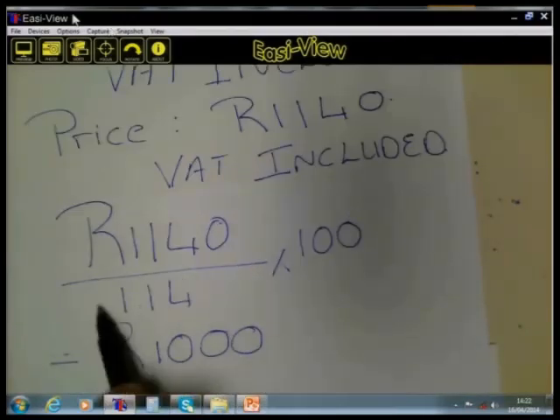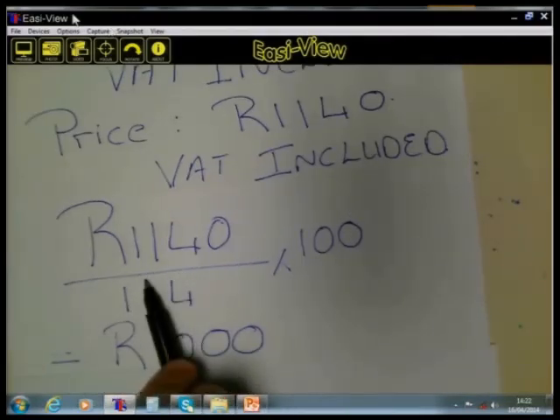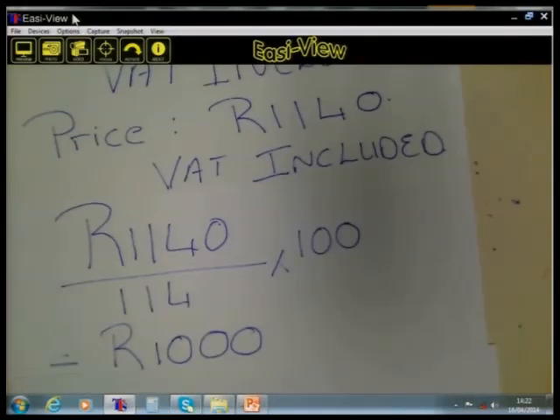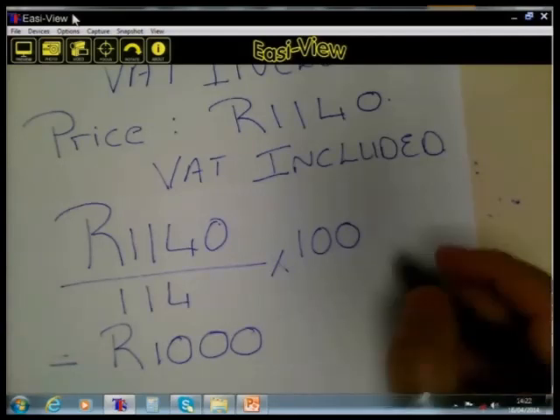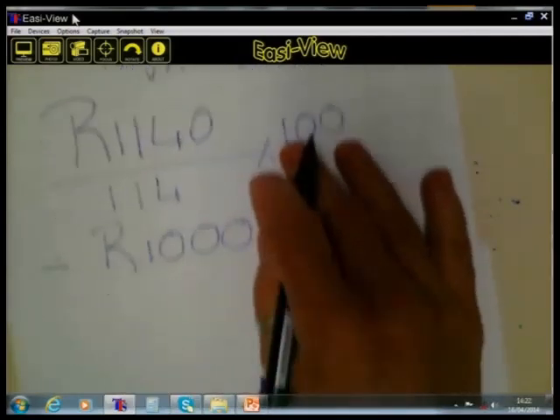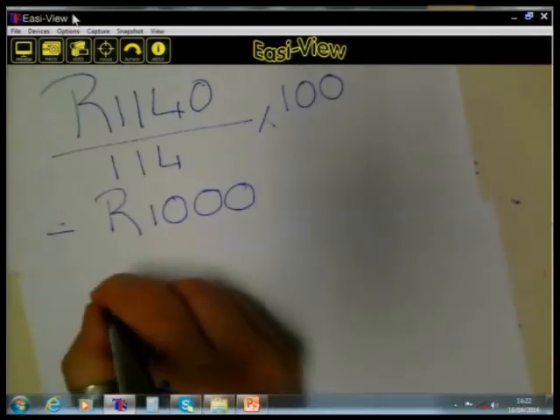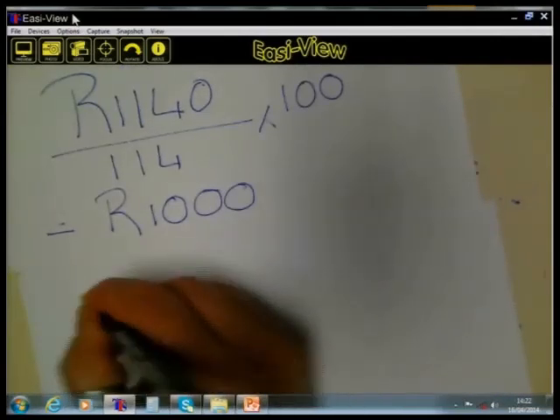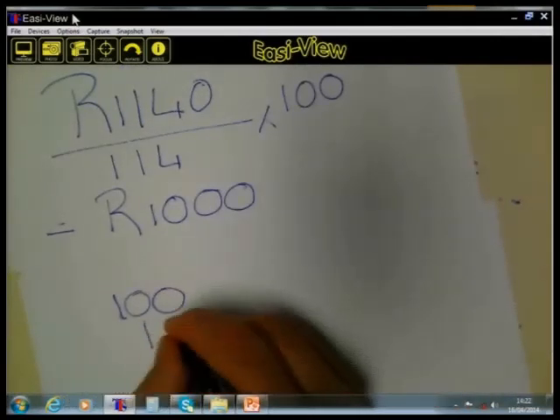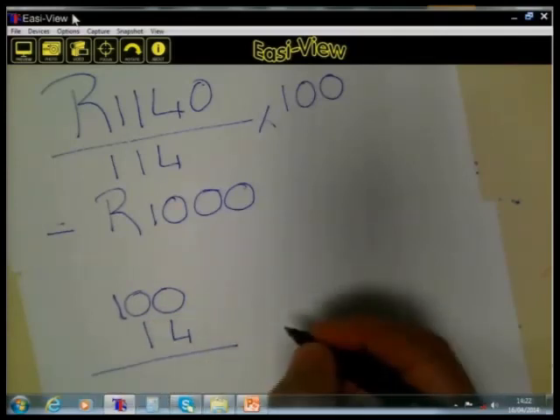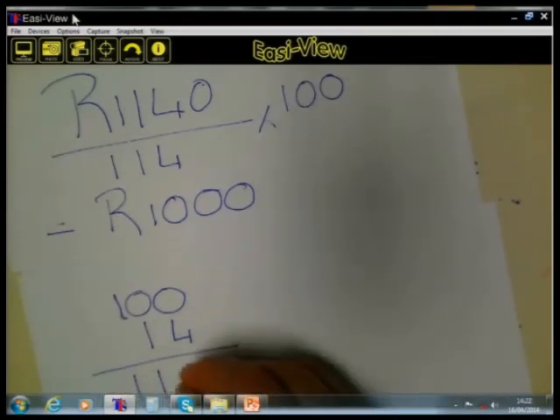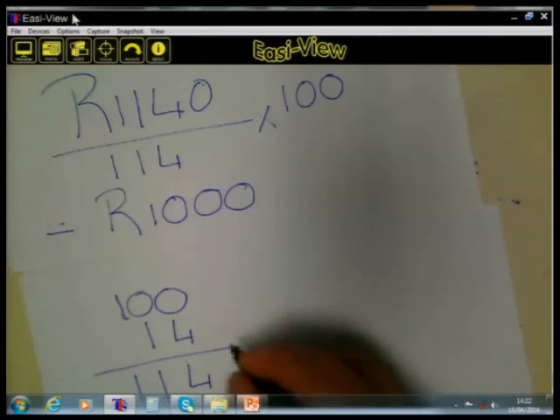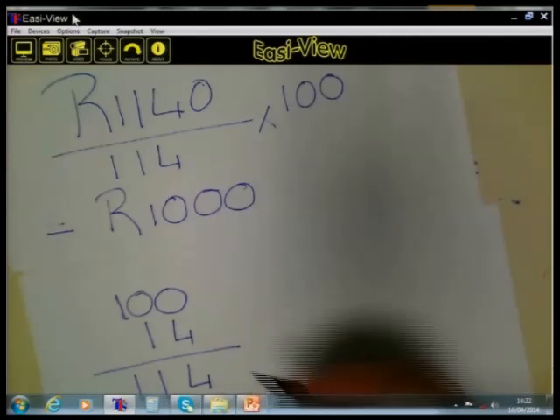Let us just review again, where did the 114 come from? Remember, the price of the article is 100%, and the VAT is an additional 14%. So to get the 114, we simply take the full 100%, which is the price of the article, and we add the additional amount, which is going to go for VAT, giving me the 114%.